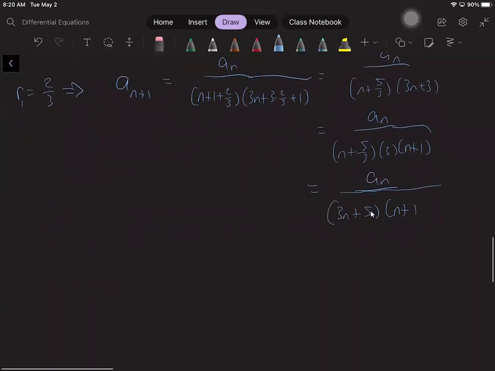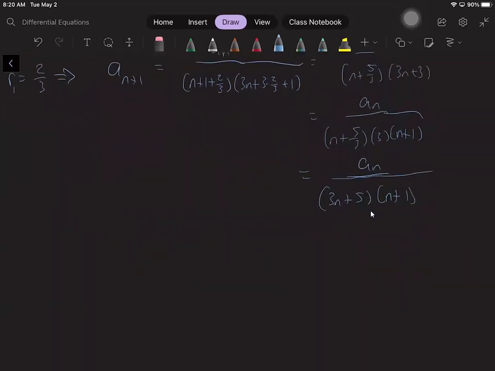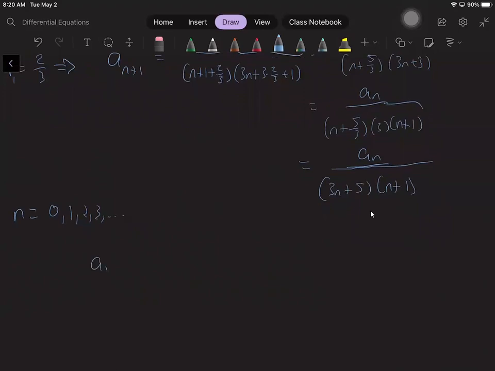Then plugging in values of n. We started counting from 0, I think. So n equals 0, yes, that's right, then 1, 2, and so on. If I plug in 0, I get a1 is a0 over 5 times 1.